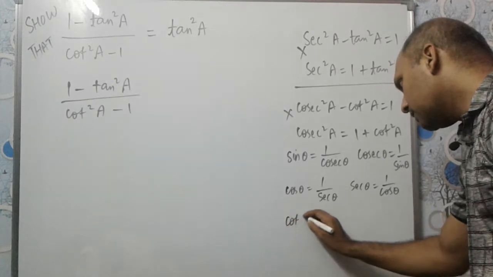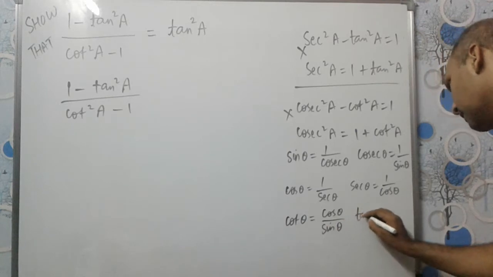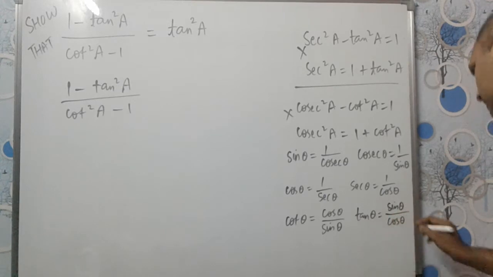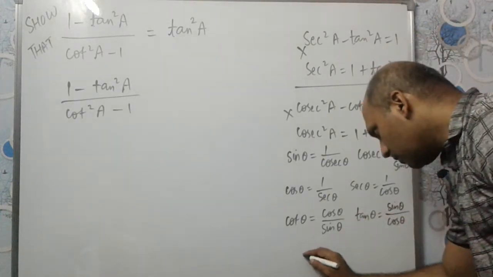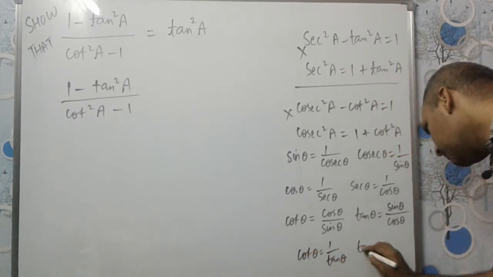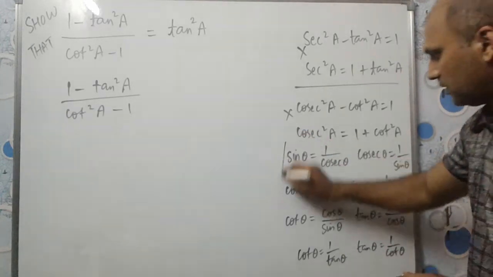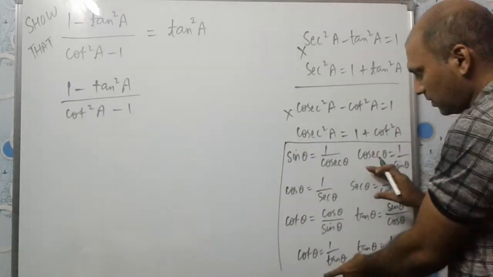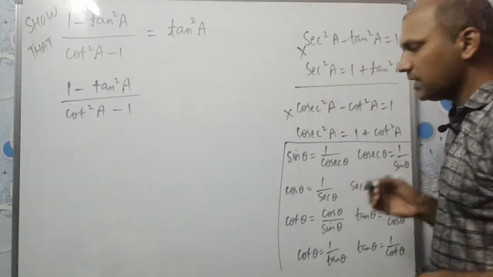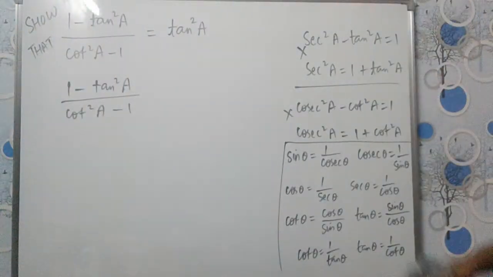Cot theta is cos theta divided by sin theta, and tan theta is sin theta divided by cos theta. Or cot theta is 1 by tan theta, and tan theta is 1 by cot theta. So we can use either these formulas or the identities to solve the exercise problems. Just now we checked we cannot use the identities, which means we can use these formulas now.